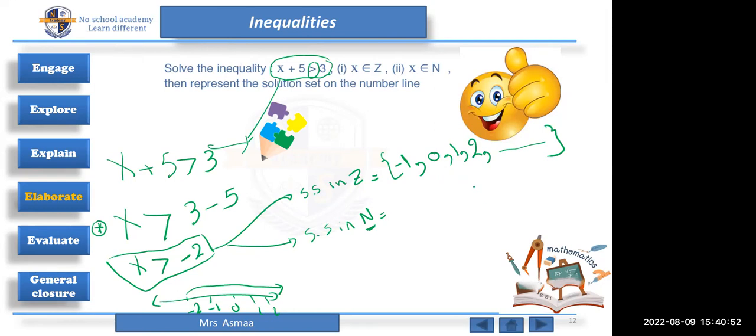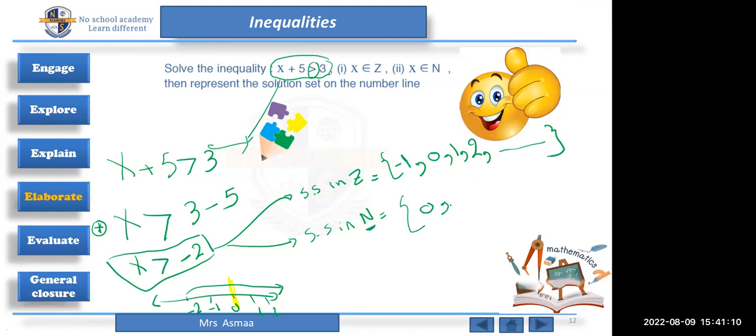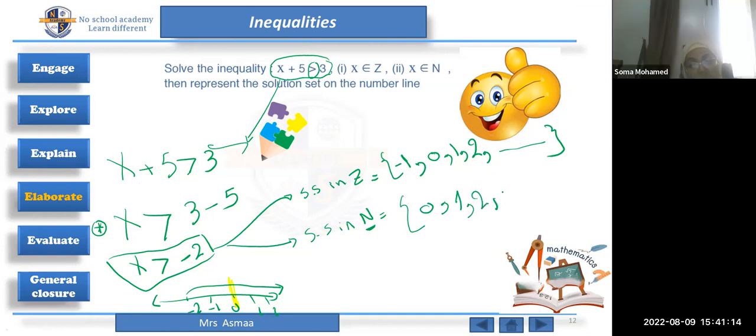So it will be equal to what? 0. Yes, start from 0. I will neglect all negative numbers and start from 0. So the final answer will be 0, 1, 2, 3, and so on.